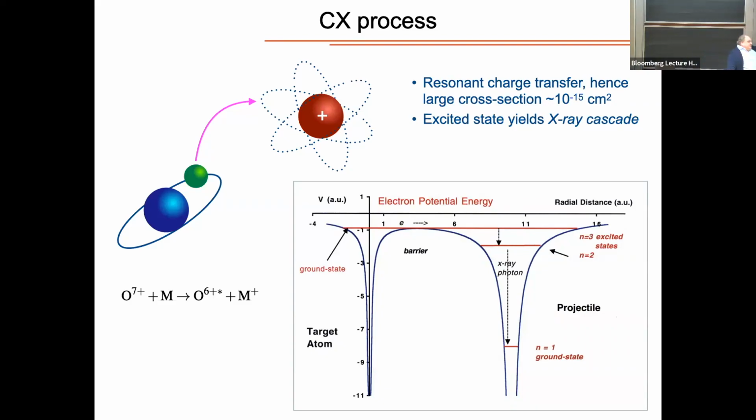So the charge is huge, and the potential here is deep. As you go up here, you have lots and lots of energy levels down there. The density of the energy levels there is large. The density of energy levels here is small, but it doesn't matter. This neutral is sitting in the ground state anyway. And imagine you have this highly ionized ion, and the neutral is passing by.